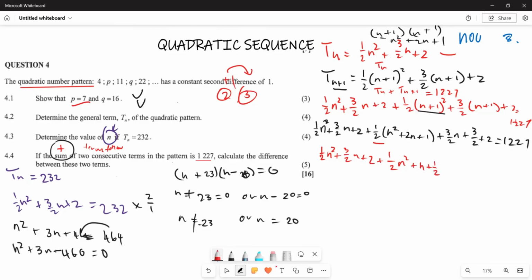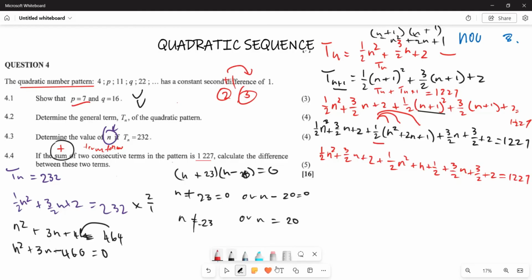So we are still moving from here. Then this is going to be plus 3 over 2n, then plus 3 over 2 again, plus 2 is equal to 1,227, isn't it so?